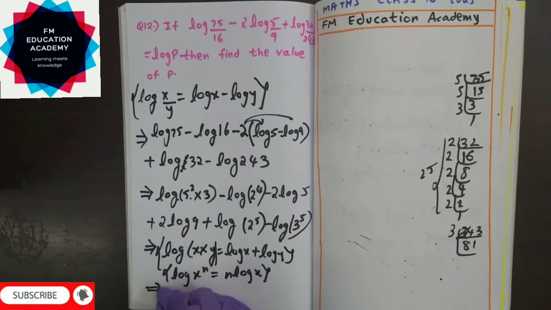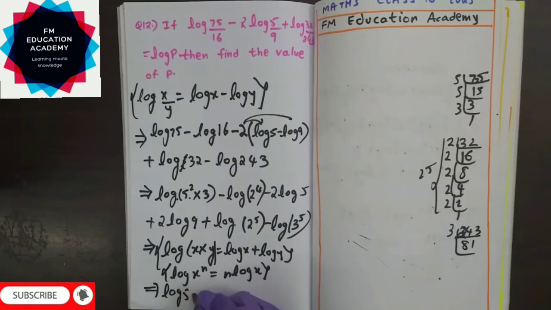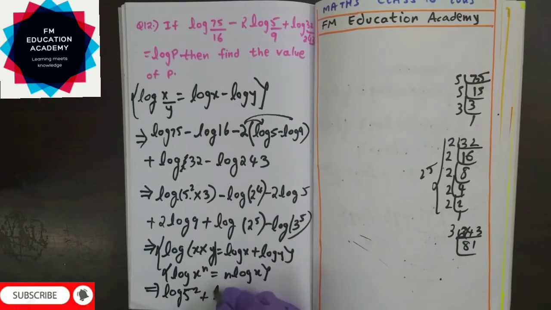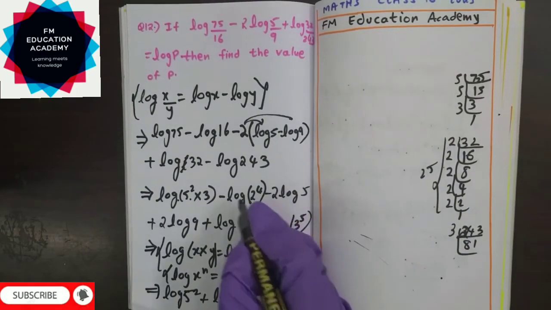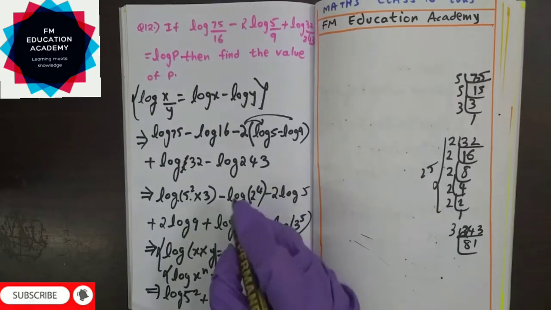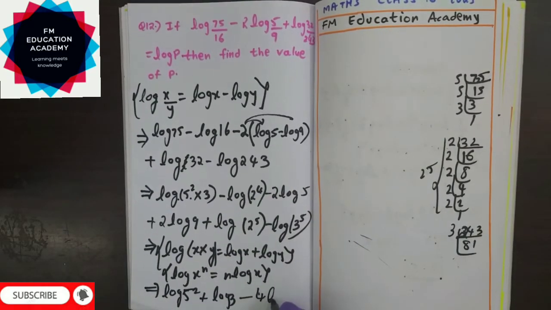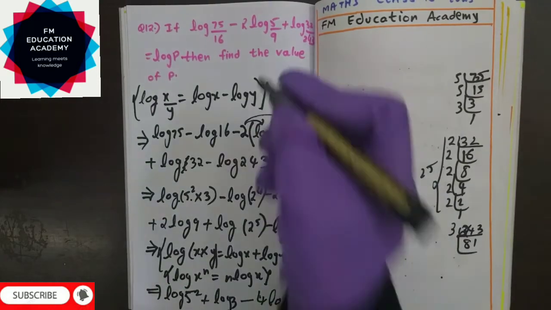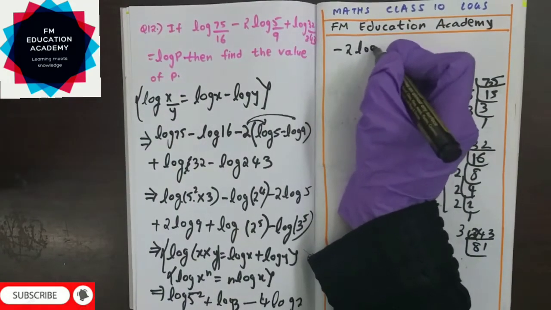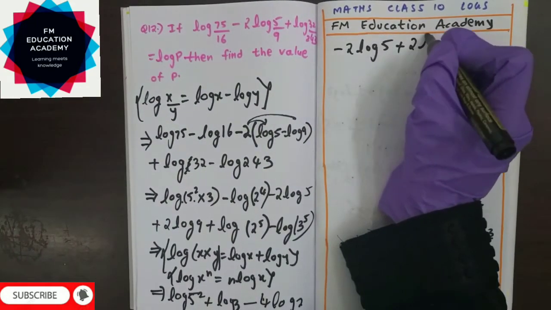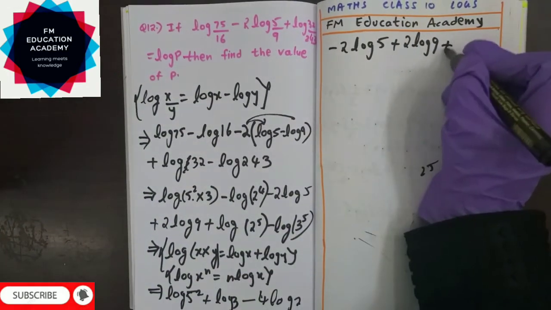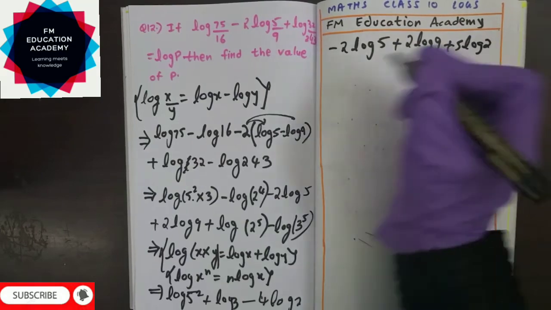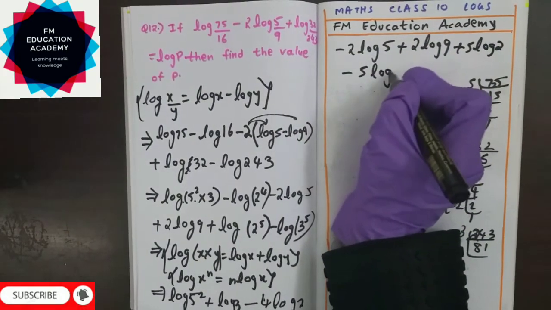So log 5 square plus log 3, I am applying the formula, minus log 2 power 4 means 4 log 2, because it is the form of n log x. 4 log 2 minus 2 log 5 plus 2 log 9 plus, again it is the form of log x power n. So 5 log 2 minus 5 log 3.